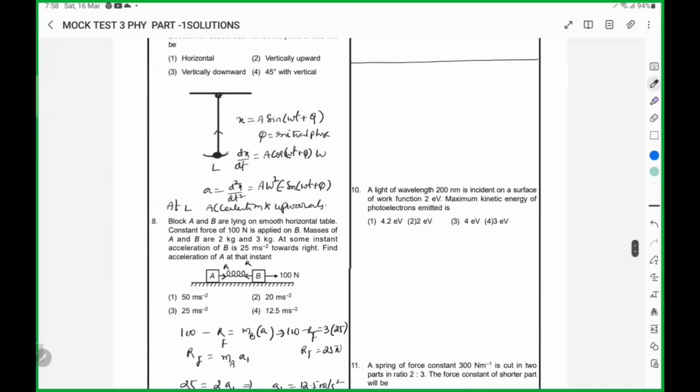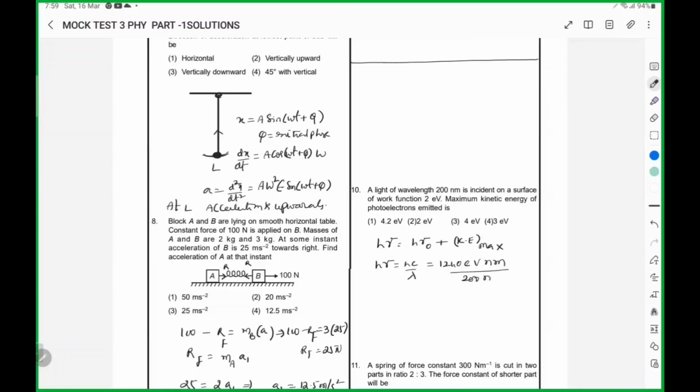A light of wavelength 200 nanometers. Einstein photoelectric equation: h nu is h nu naught plus kinetic energy maximum. h nu here is hc by lambda. hc is 1240 electron volt nanometer.